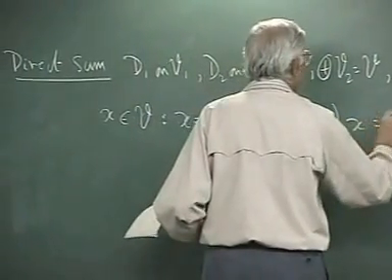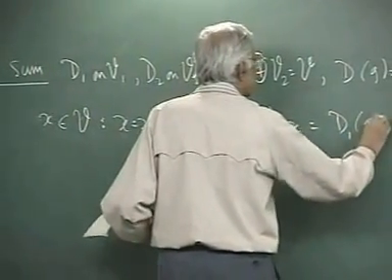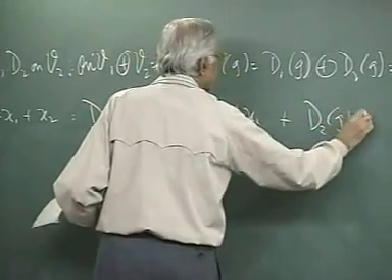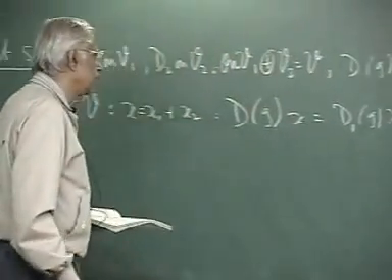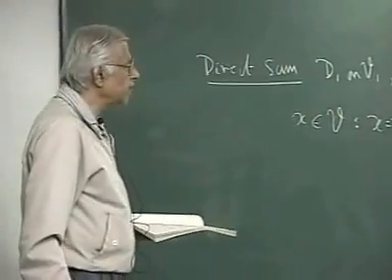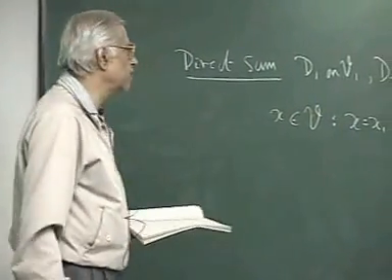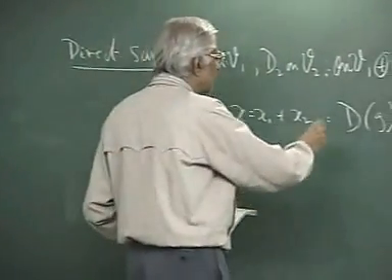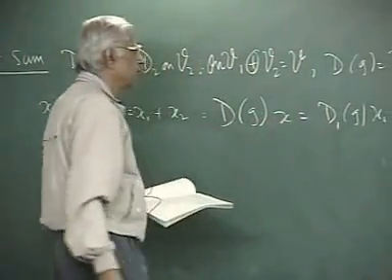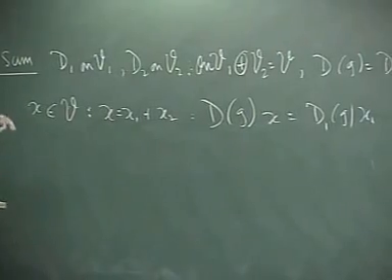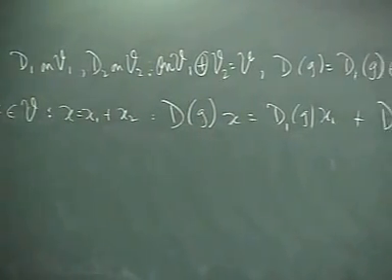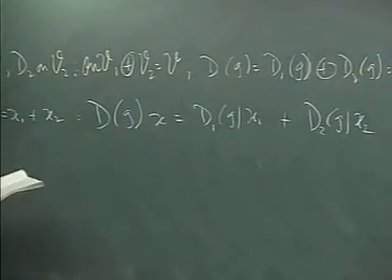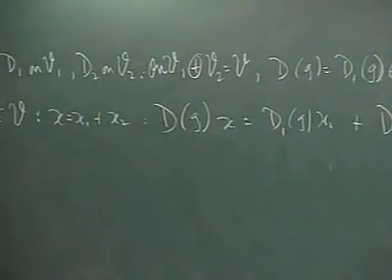We do the natural thing: apply d1 to x1, apply d2 to x2. The first term is a new vector in V1, the second is a new vector in V2, add them formally. So you can see that this capital D built up out of d1 and d2 is also a group representation, and it is said to be the direct sum of the representations d1 and d2.